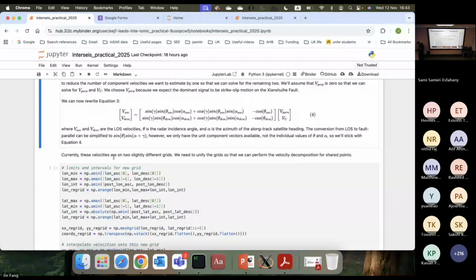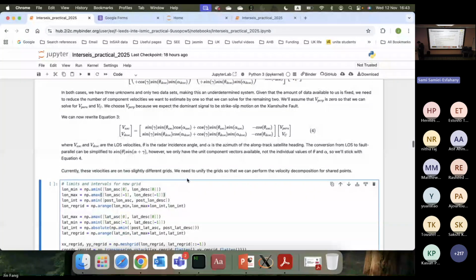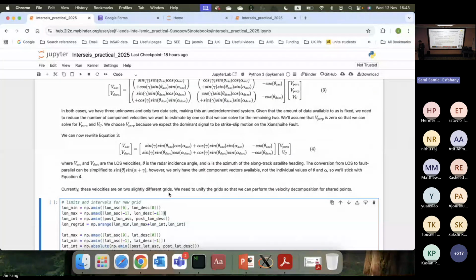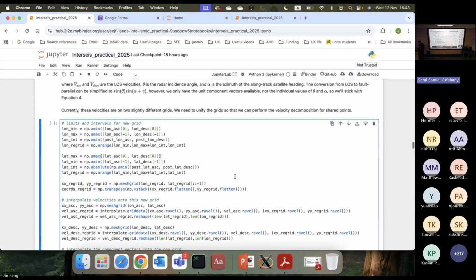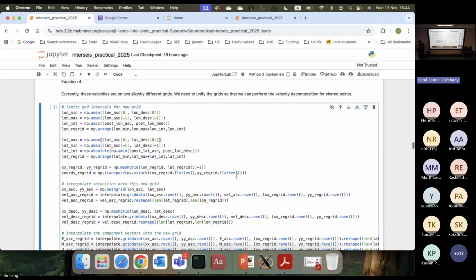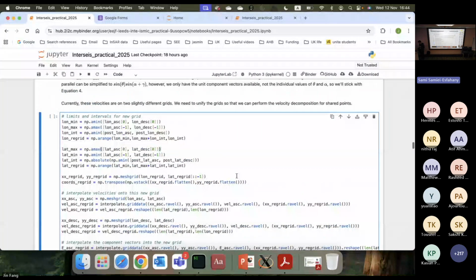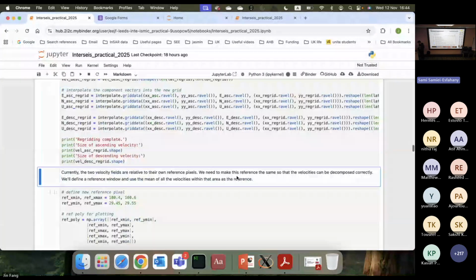So now we've got two data sets, one ascending and one descending, but these are on two slightly different grids, and we need to unify the grids so that we can perform the velocity decomposition for shared points.